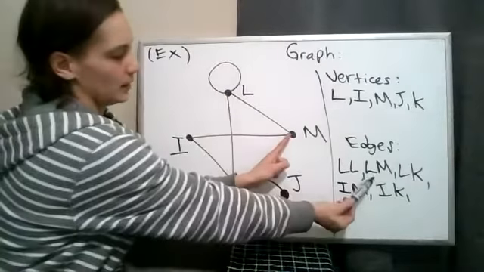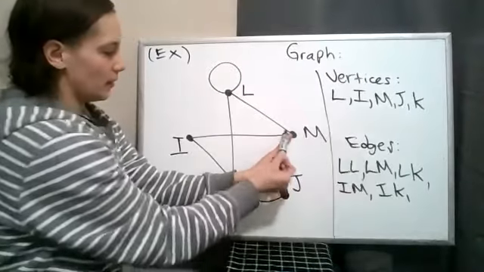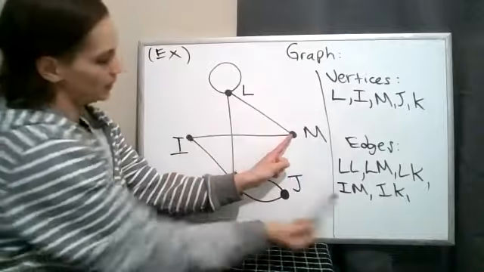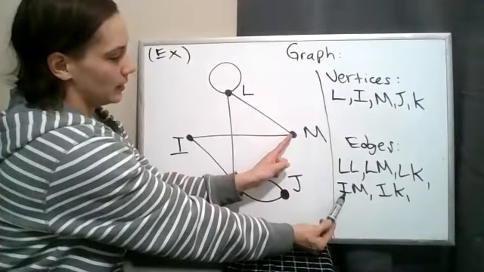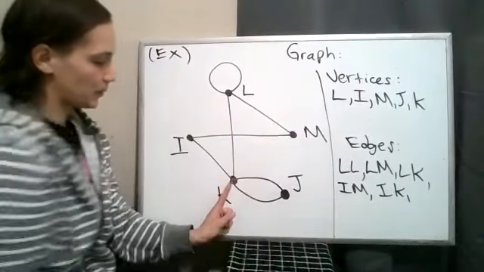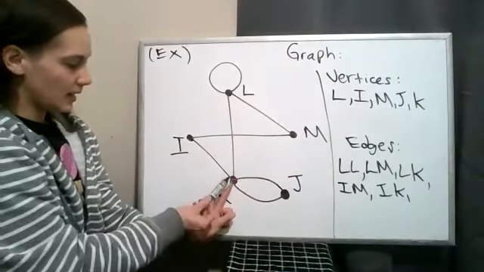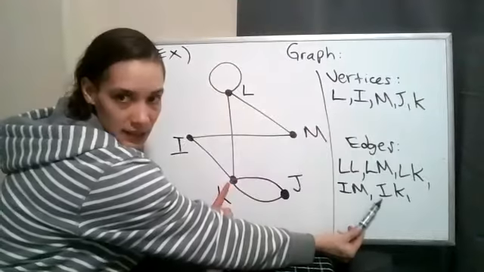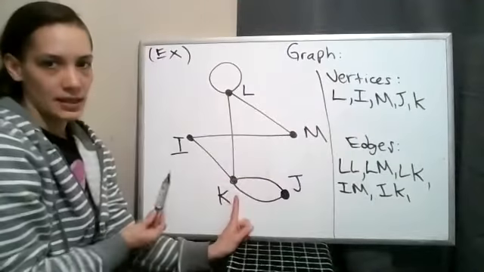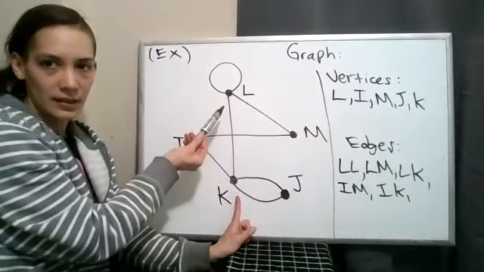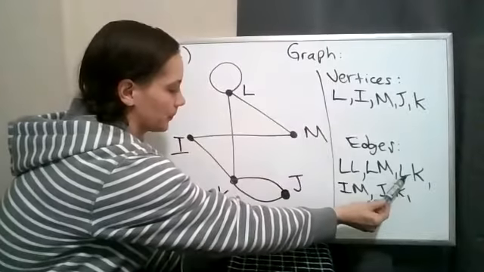Yes, it's right there. Do I have MI? Yep, it's right there. So let's now go down to K. K goes to I, which is in the list. K goes to L, and that's already over there too.